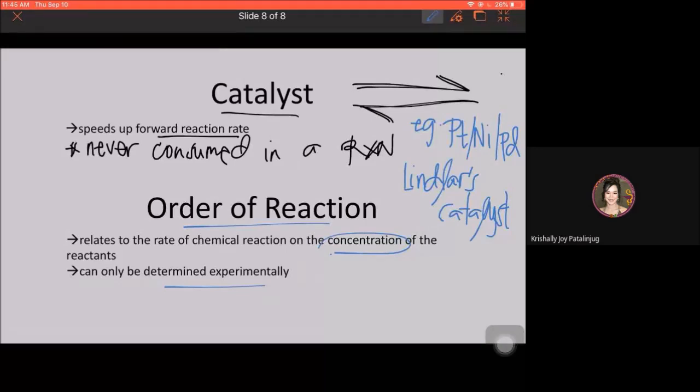Wherein, pag nag-increase ka ng concentration ng reactants, usually, in general, yung rate of reaction, ang kapaspason sa reaction, mag-i-increase din. Mas faster yung rate of reaction. Rate lang yan, rate of reaction. So, ayan, yan yung relationship nila. When you increase the concentration ng reactant, increase din yung rate of reaction. So that is in general. Okay, in general.